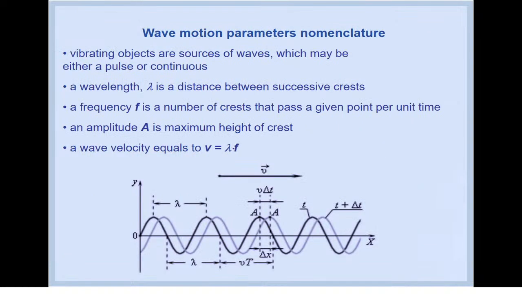And look, some characteristics of the wave motion, mechanical wave. Vibrating objects are sources of waves, which may be either a pulse or continuous. Wavelength is a distance between successive crests. Actually, we can say more clearly, more certainly, what the wavelength actually is.